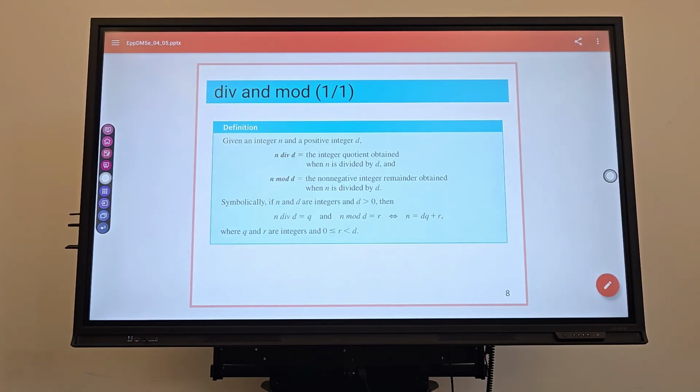So symbolically, if n and d are integers and d is greater than 0, then n div d equals q and n mod d equals r if and only if n equals dq plus r, where q and r are integers and r is greater than or equal to 0 and less than d.